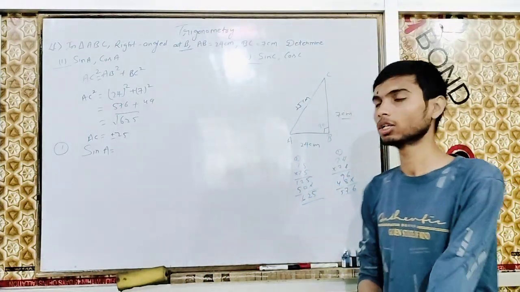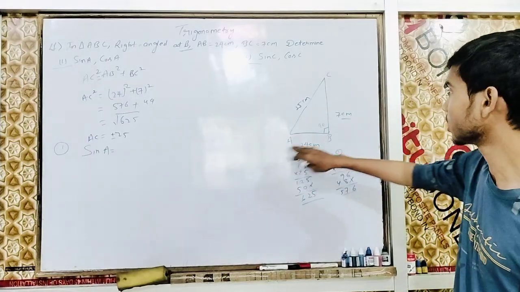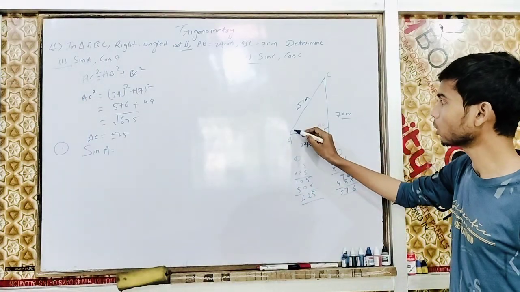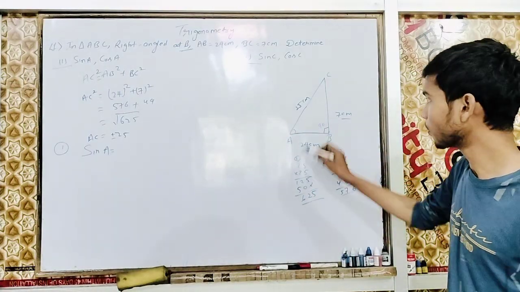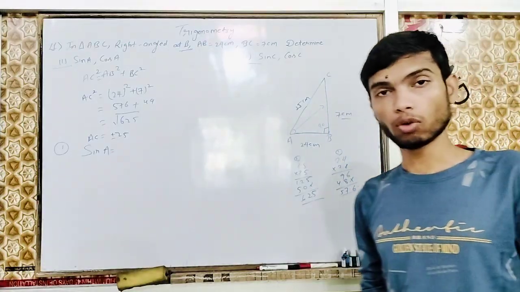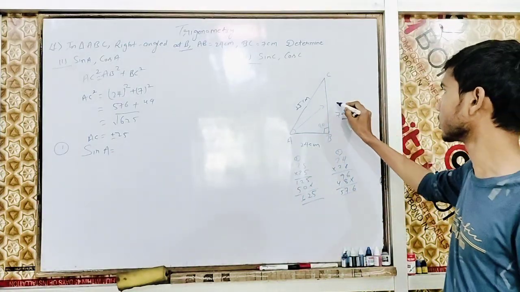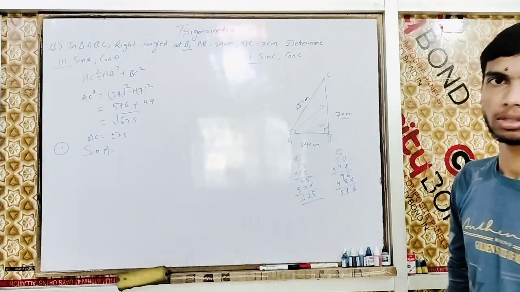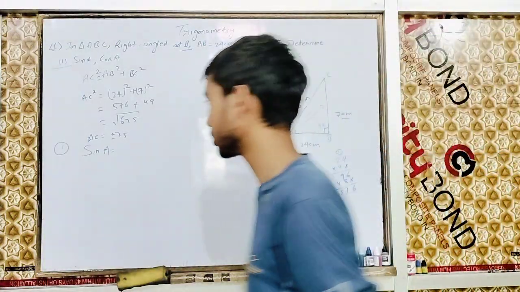Theta will determine. So here the angle is what? According to this theta, opposite of this is this side. So you will consider this side as the perpendicular and this side as the base.